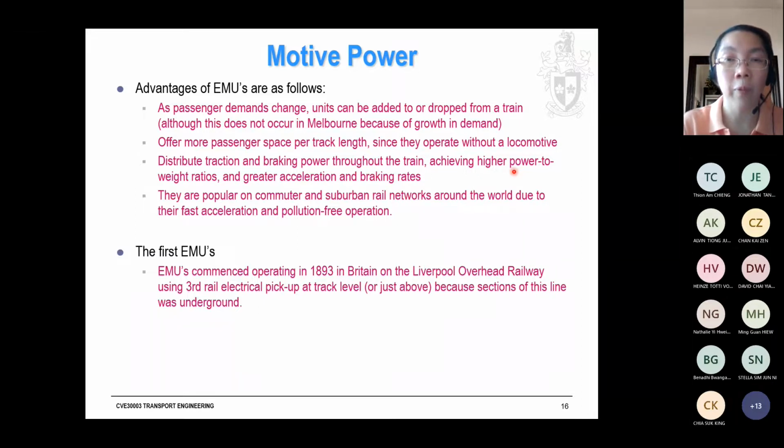It's at a stop and you want the whole train to start moving. You really need a lot of power to push or pull that train forward in whichever direction. And the train itself, if it is empty, is already heavy. What more if you add in load such as passengers or goods or materials, then it becomes even heavier.